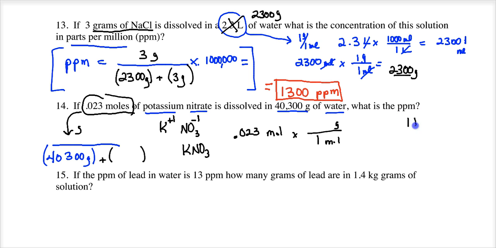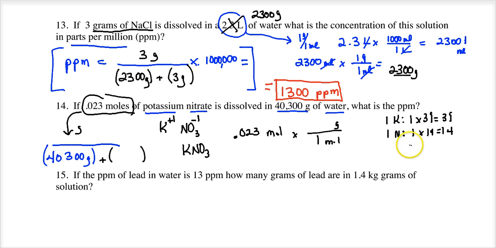So I've got 1 K, 1 times 39. I'm getting that from the periodic table, the atomic mass is 39. So I have 1 potassium, 1 times 39 is 39. Then I have 1 N, 1 mole of nitrogen atoms in 1 mole of potassium nitrate, 1 times 14. The atomic mass of nitrogen is 14.